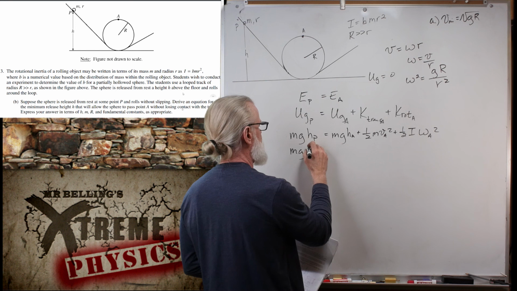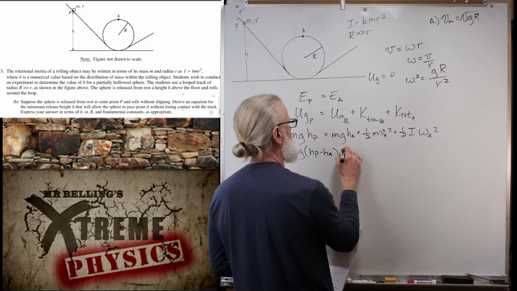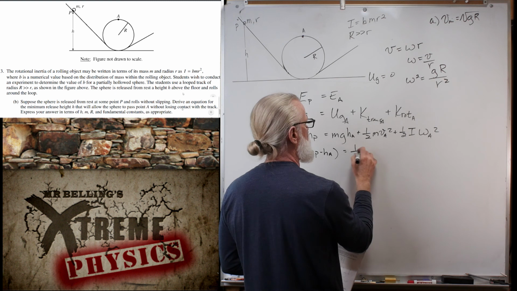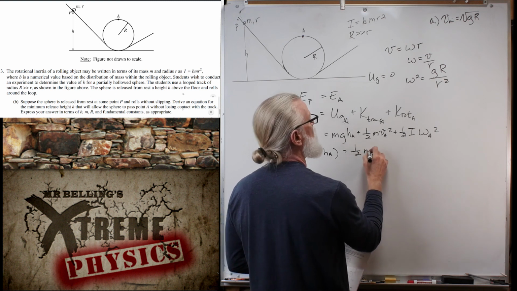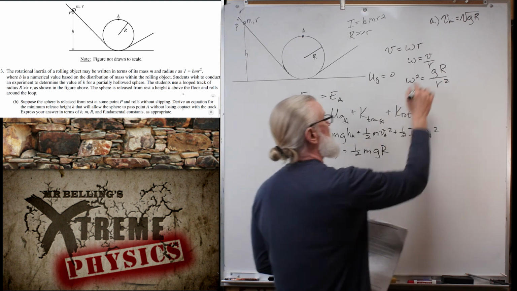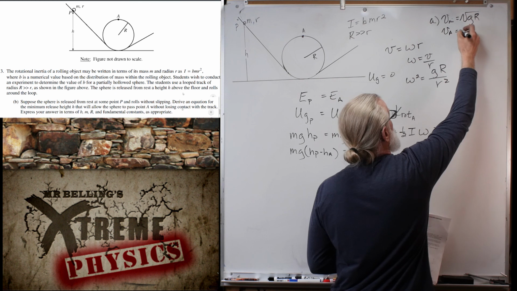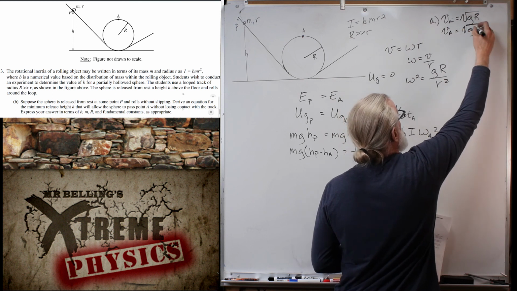I'll bring this over, and we're going to end up with h_P minus h_A equals 1/2 m g R, because that's v_A squared.